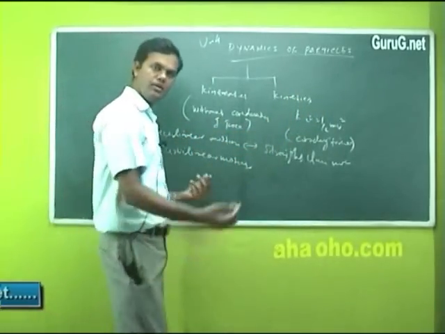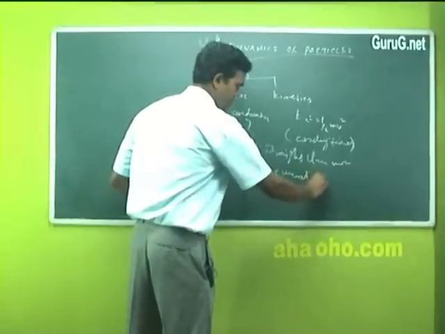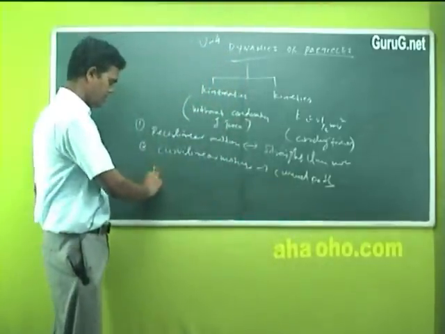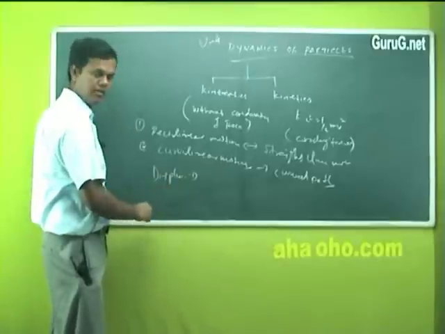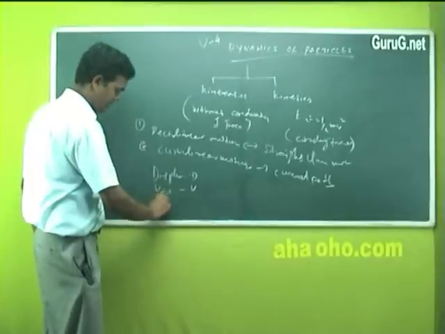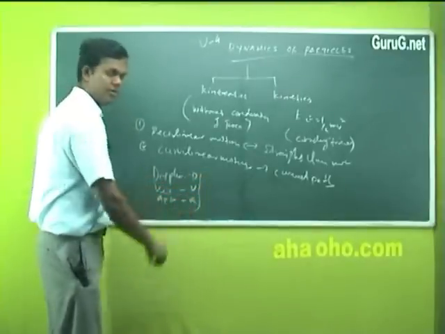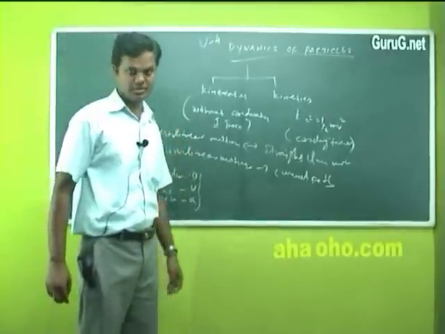And curvilinear, again very simple, is about the curved path. Finding out your displacement d, velocity v and your acceleration. These three are very, very important characteristics of your rectilinear or curvilinear motions.